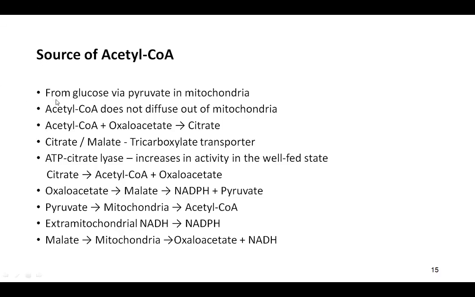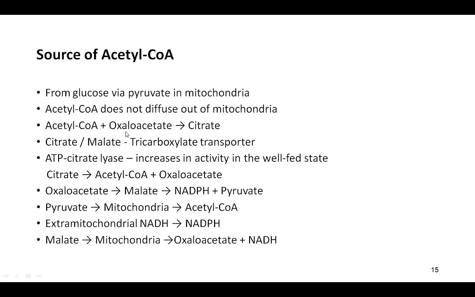So remember, acetyl coenzyme A comes from pyruvate, and pyruvate comes from glucose. But it is formed in the mitochondria and needed in the cytosol, and it cannot diffuse out on its own. So how will it get out? We'll see that in the next step.